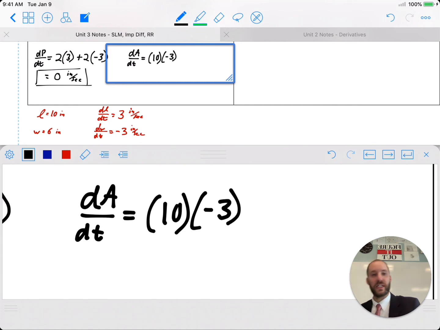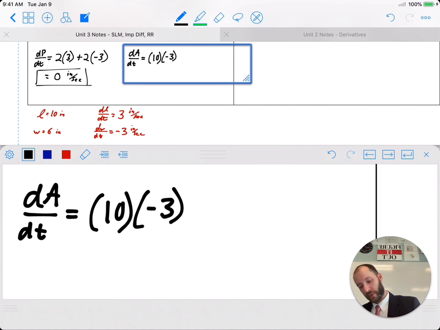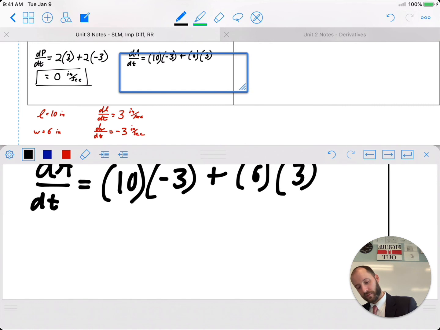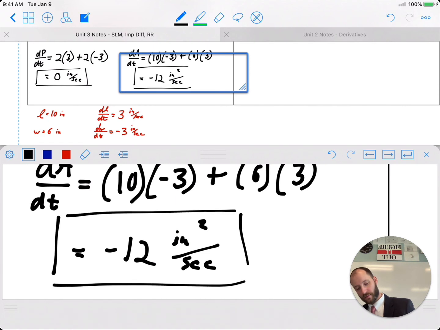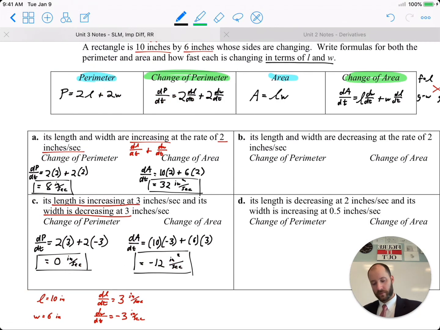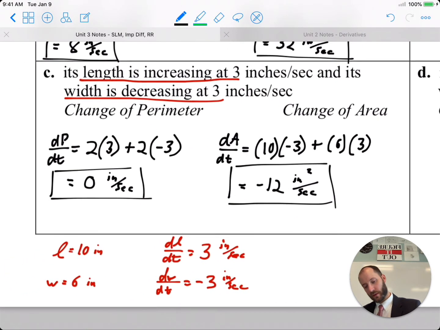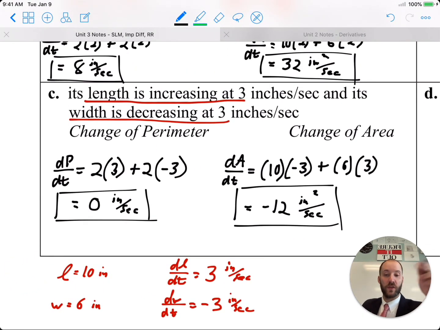So dW/dt is negative 3 plus width 6 times dL/dt 3. Multiply and add, you get negative 12 inches squared per second. Don't forget your units as you do this.